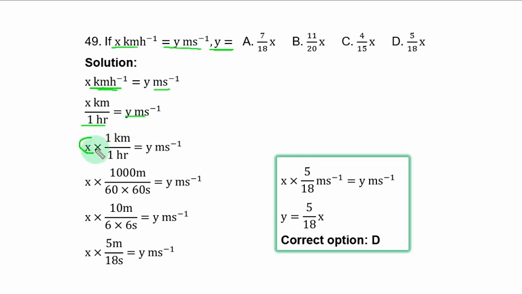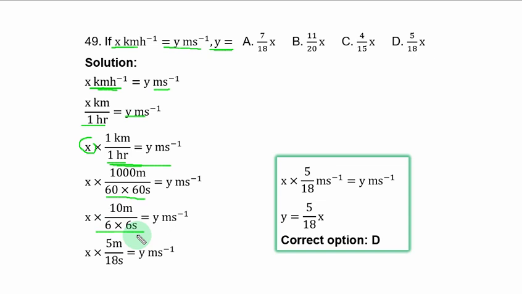If you factor out s, you have it in this form. To express kilometer in meters, 1 kilometer is equal to 1,000 meters in this form. Now, to express 1 hour in seconds, you have to convert it to minutes first. That is 60. You convert minutes to seconds, so you have 60 times 60. When you reduce, you have this result.